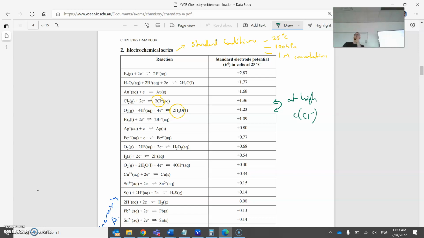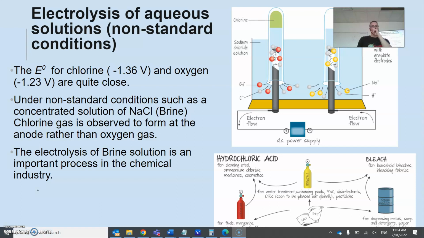So at high concentration of chloride ions, water and chloride swap places on the electrochemical series. At standard conditions, dilute, so less than 1 molar, it's in the position as is written. At higher concentrations of chloride ions, they swap positions, and suddenly chloride becomes a stronger reducing agent than water, and that's how we form chlorine gas.